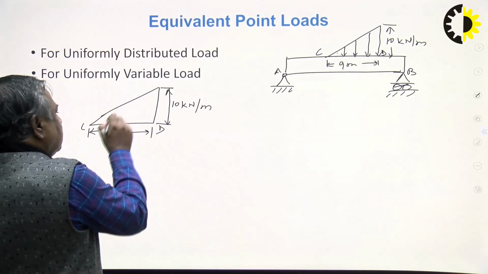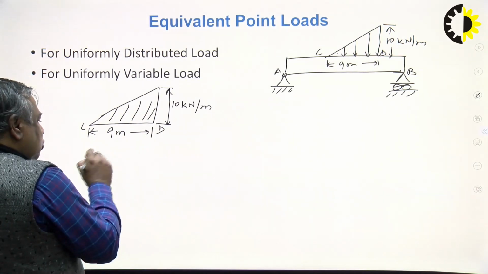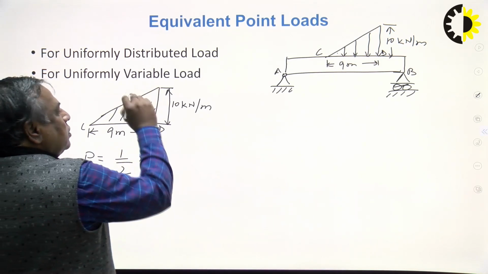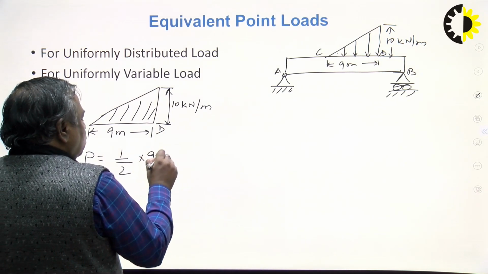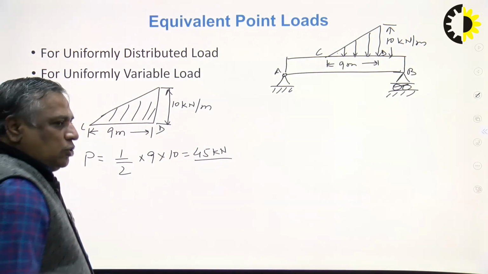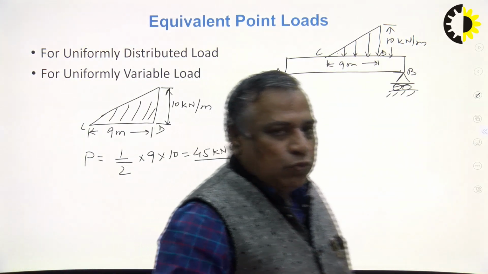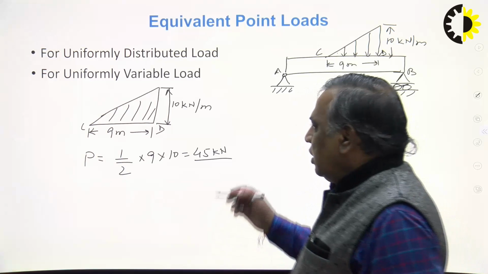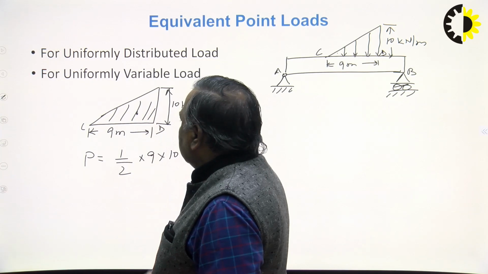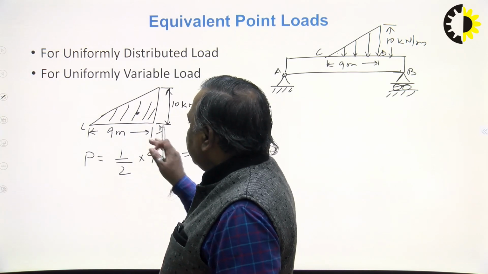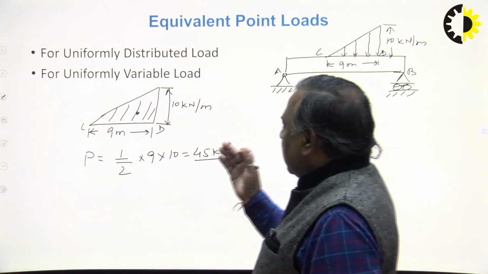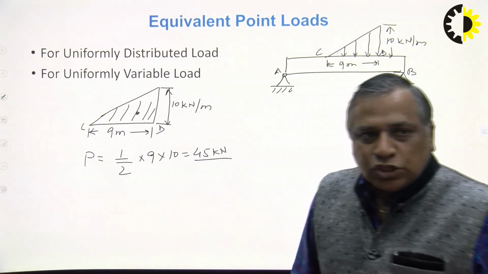So the area of this triangle is equal to P. So what is P? P is equal to half into 9 into 10 is equal to 45 kilonewton. This is the magnitude. Now here it will act through the centroid. Where does the centroid lie? The centroid lies at a distance of 6 meter, that is 2 by 3 of CD, that is right side of C at a distance of 6 meter and left side of D at a distance of 3 meter.